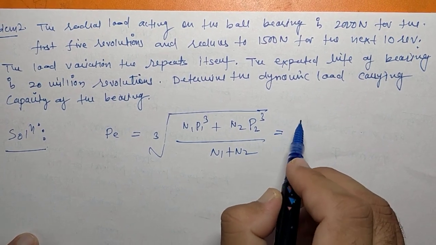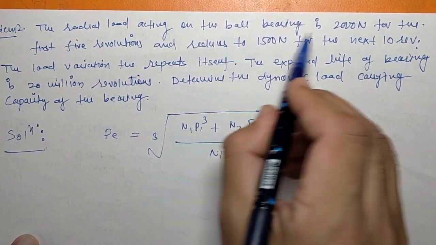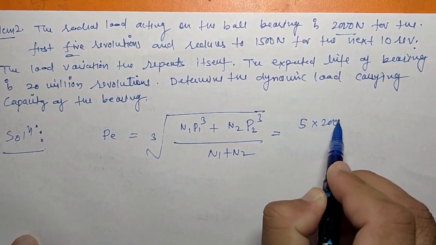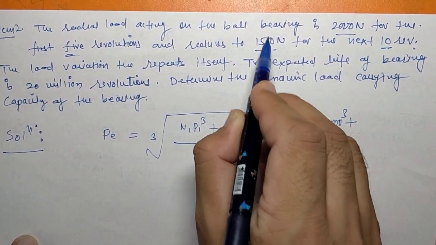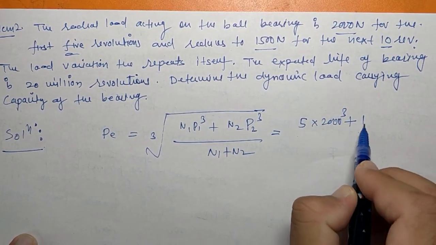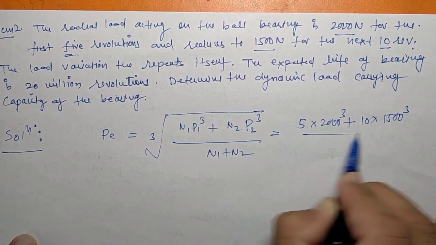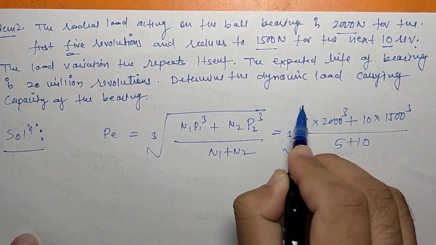If we replace the values, N1 is 5 and during the first 5 revolutions the load is 2000 Newton, and N2 is 10 revolutions where the load reduces to 1500 Newton. So this is 1500 raised to power 3, divided by 5 plus 10, cubic root.